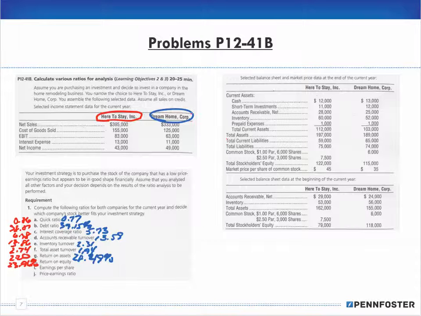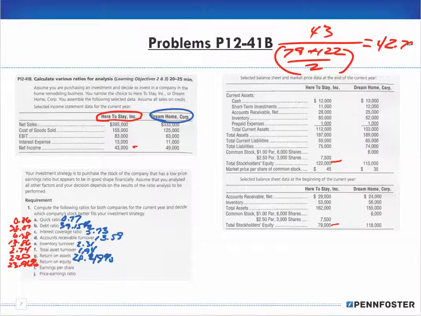All right, so return on equity. This is 43 over, let's see, my return on equity is 122 and 79, so over 79 plus 122, and that's over 2. It's an average also, 42.79%.